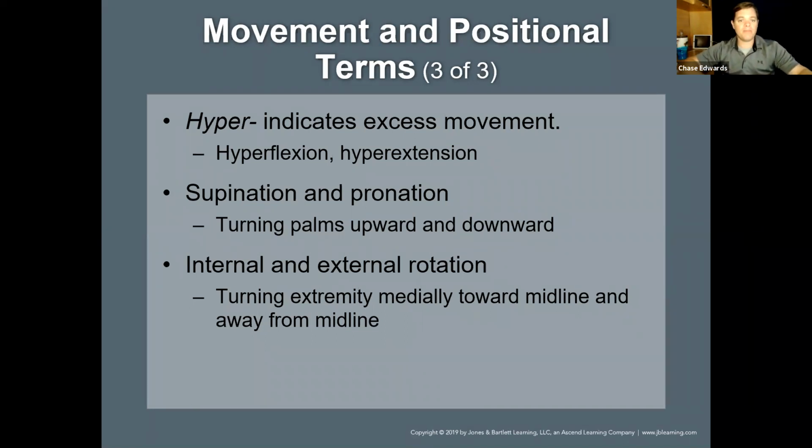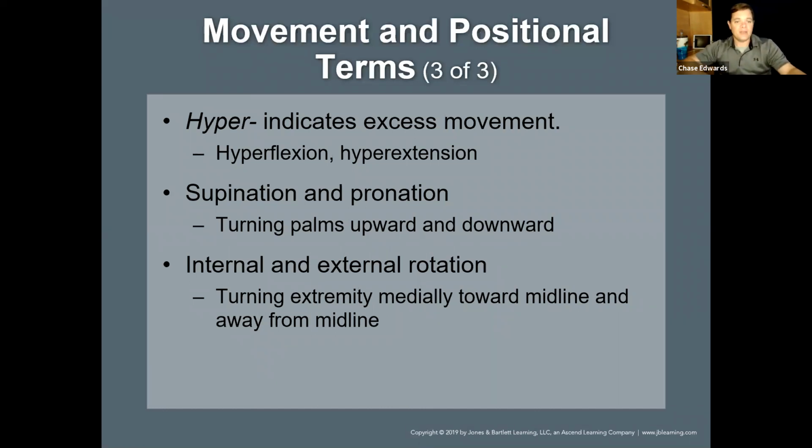All right, so turning the palms upward toward the sky constitutes supination of the forearm, right? And then turning the palms downward towards the ground pronates the forearm. Supination. Pronation.